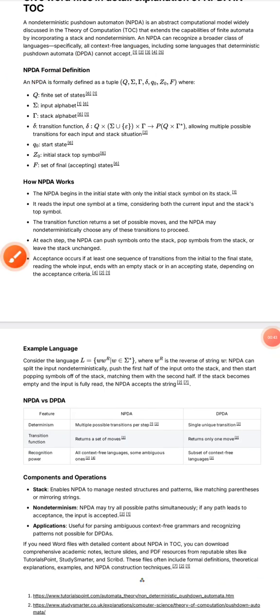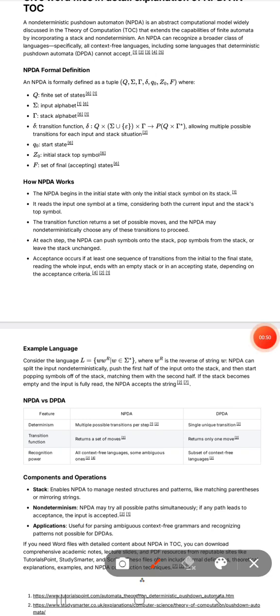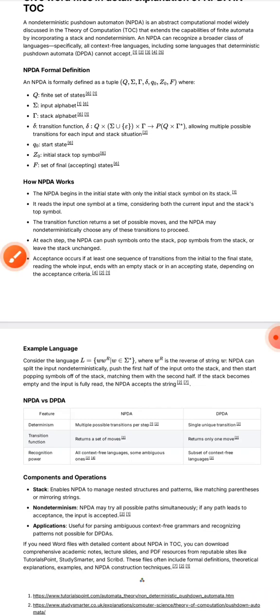So NPDA is formally defined as a tuple which contains these symbols. First, Q stands for the finite set of states. Sigma, also known as the input alphabet. Gamma will be referred to as the stack alphabet.